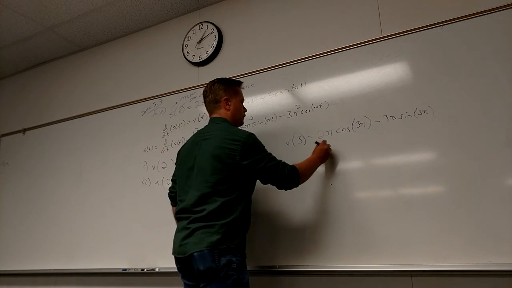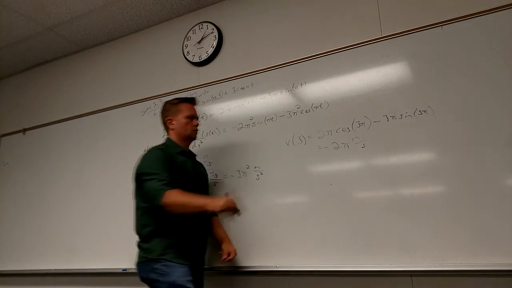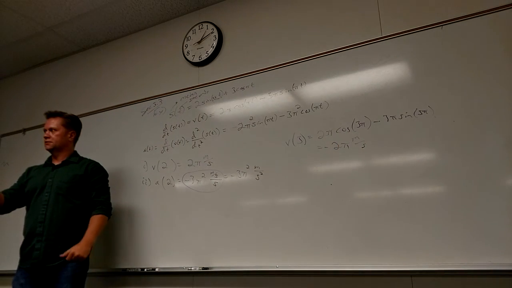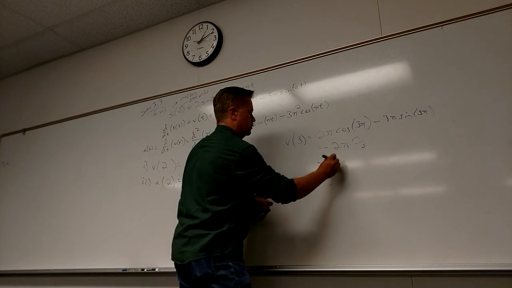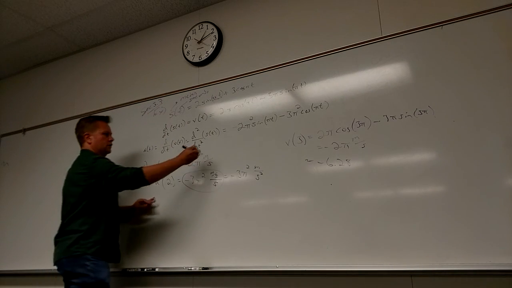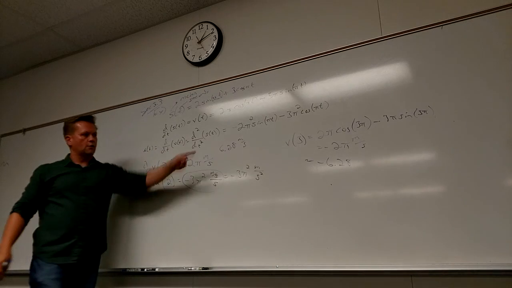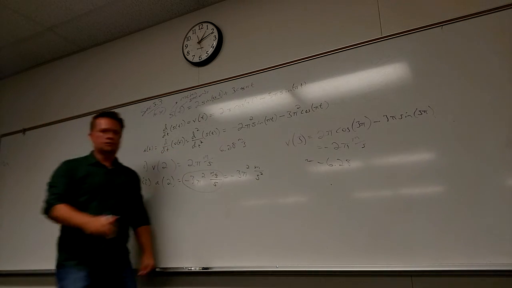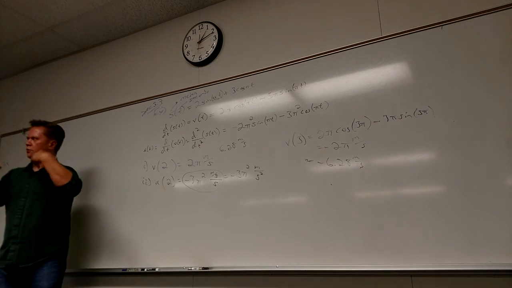So this will be -2 pi meters per second. That's the velocity at 3 seconds, which is, of course, -6.28 roughly. Is that cool? So I was going 6.28 meters per second, and now I'm going -6.28 meters per second, 1 second later. All right, can you guys absorb all that?